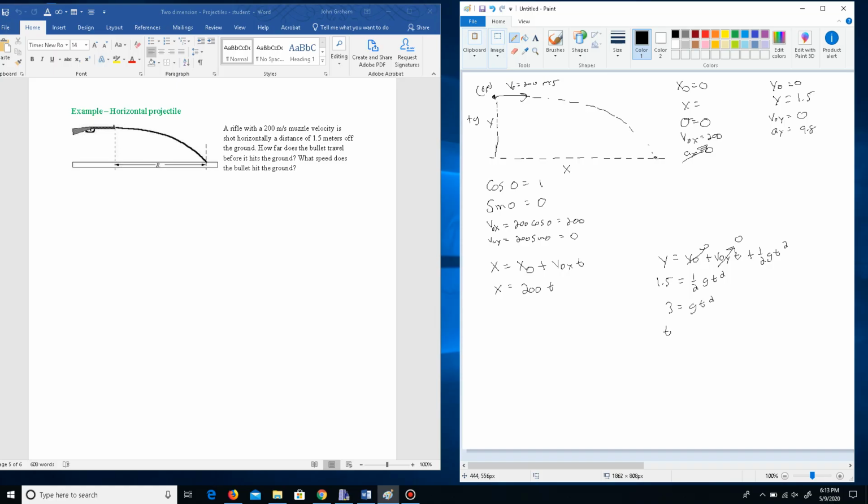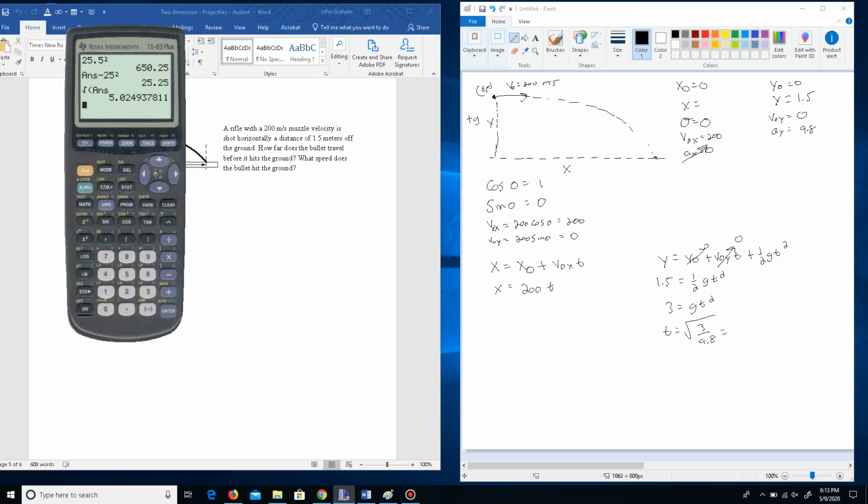So t equals square root of 3 over 9.8. You get 0.55.